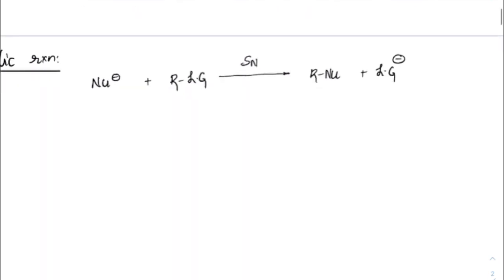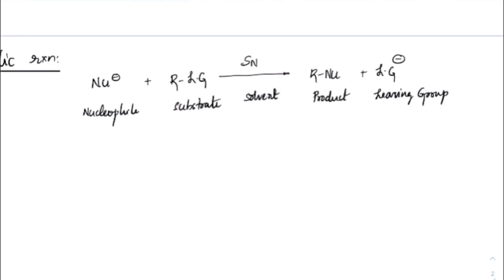This attacking species is what we call the nucleophile. This is what we call the substrate. And generally there is always a solvent which is used, and finally we'll have the leaving group. So this is the product and the leaving group which is formed.